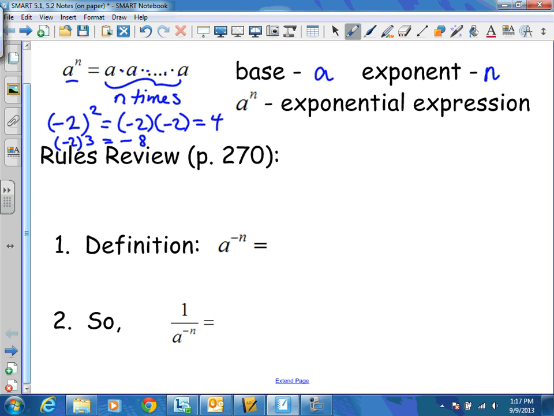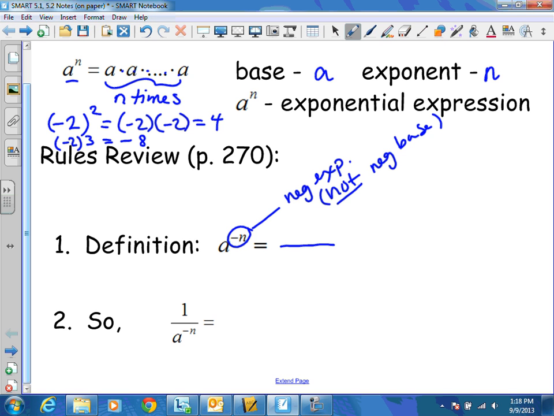So definition, if I have some number, it doesn't matter what, raised to the -n, if you have a negative exponent, not a negative base, okay? Only when you have a negative exponent, not the base part, just the exponent, are you going to flip it.